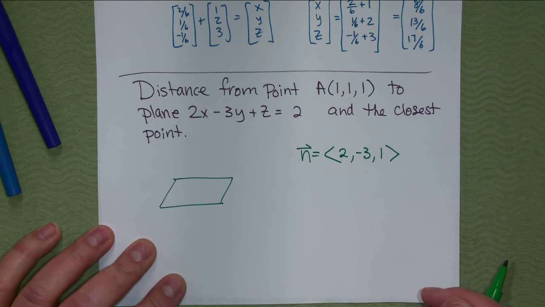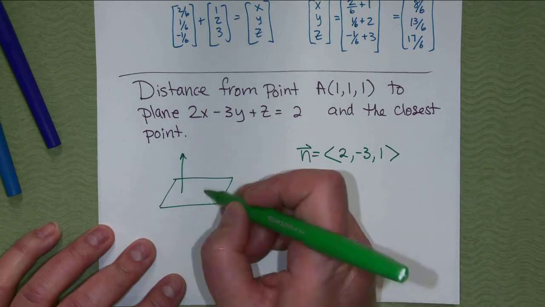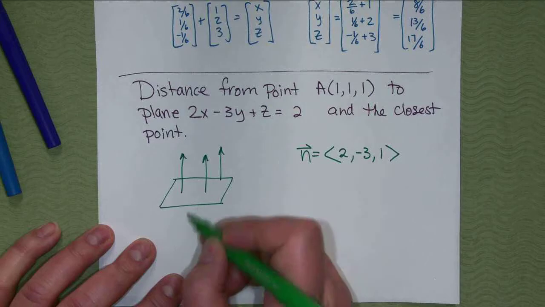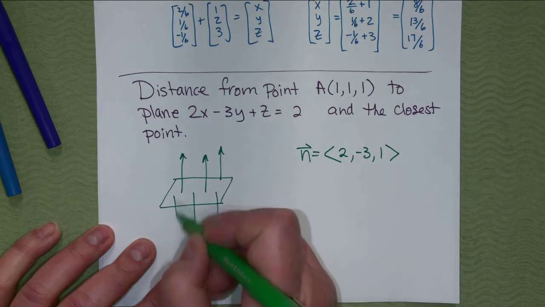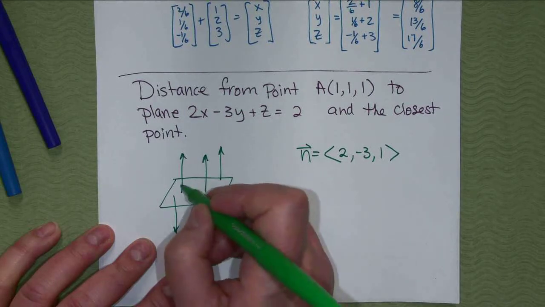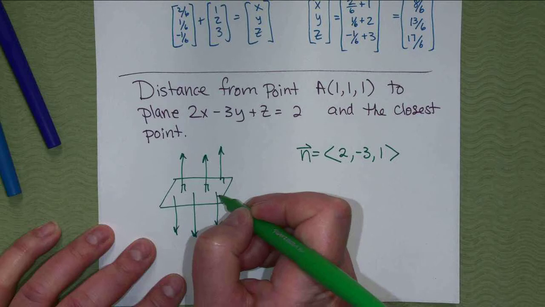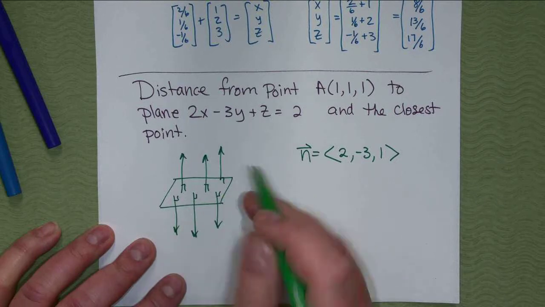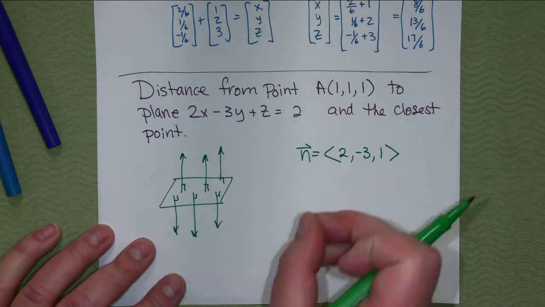Well, it could be pointing down, but we'll pretend it's pointing up. Anywhere, actually, because it's perpendicular to every vector in the plane. So we could draw it here, but we could also draw it here, we could also draw it here, because we don't know if it's up or down, and it would just be multiple. But all of these are the normal vector. Remember, a vector isn't fixed, right? A vector is just like that toothpick that you can move around as long as it's in the same direction.